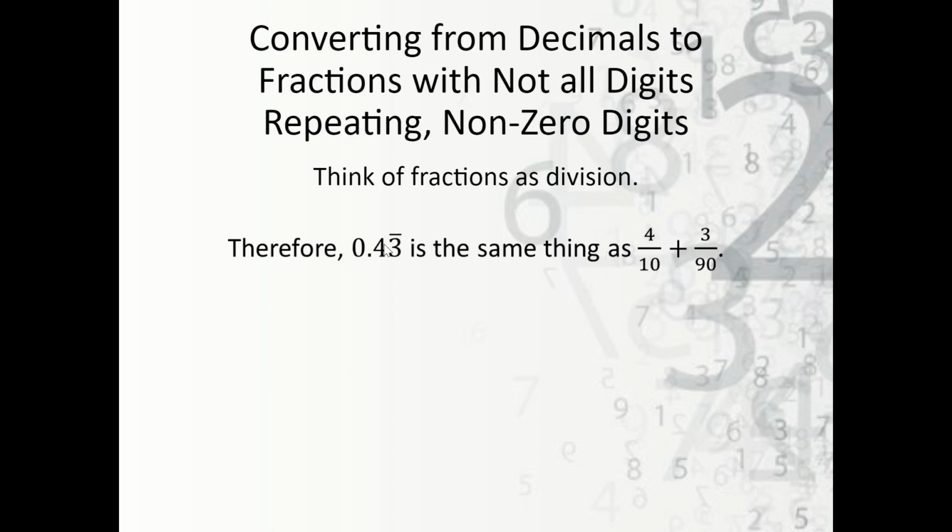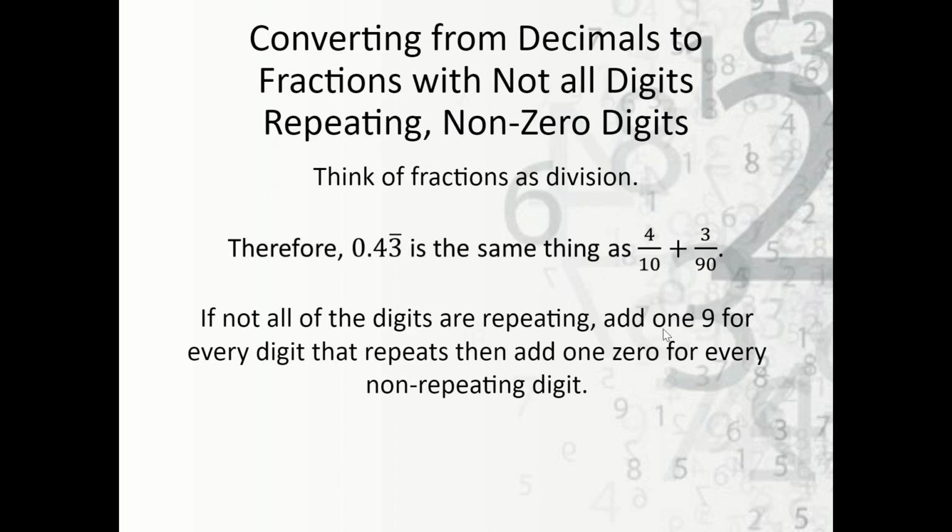So we're going to treat this as being separated. 0.4 is 4 over 10, and this is really 0.03 repeat because we've already included the 0.4. So we use our rules here to get 4 over 10 for the first part, and we use our rules for this to get 3 over 90. And then we just add those by finding a common denominator.